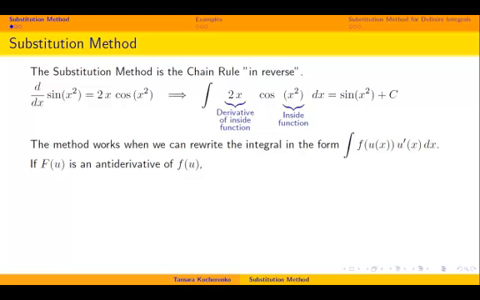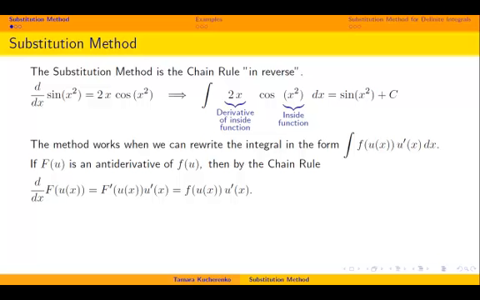If capital F of u is an antiderivative of f of u, then by the chain rule, the derivative of F of u of x equals f of u of x times u prime of x.